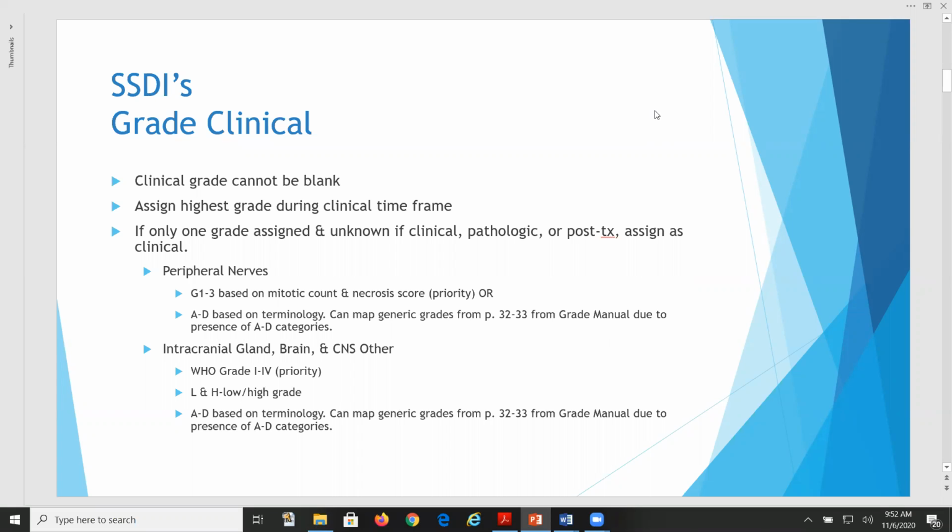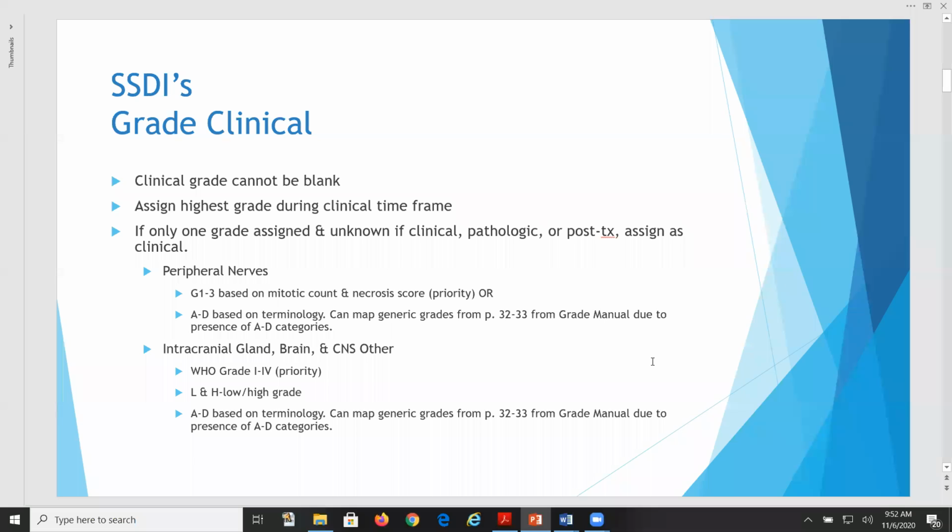The peripheral nerves have a priority grading system, grade 1 through 3, based on mitotic count and necrosis score. Or they have the A through D categories available on their grade tables. This also means because they have the A through D categories, you can map using the generic grade tables from the SSDI manual, which if you need me to demonstrate that later, I will do that.